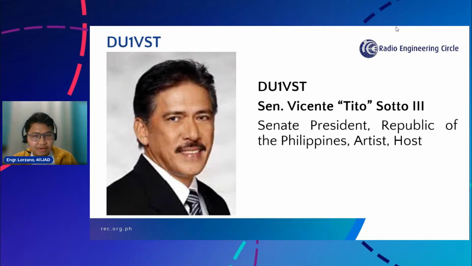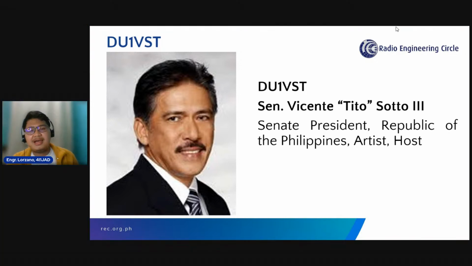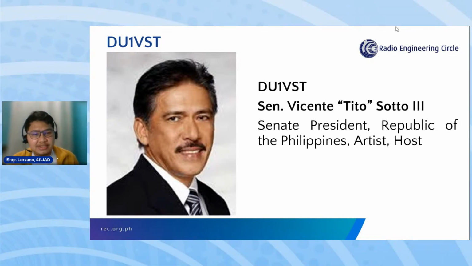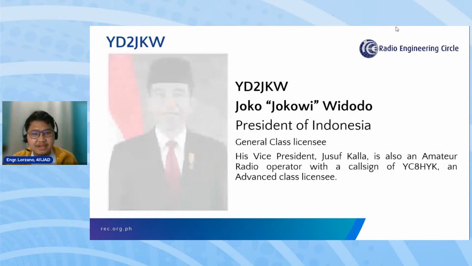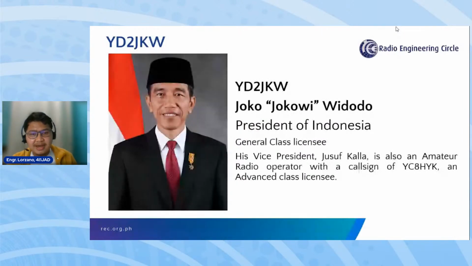And also the Senate President of the Republic of the Philippines, also an artist and a host, Senator Vicente Tito Sotto III, having the call sign Delta Uniform 1, Victor Sierra Tango, and the President of Indonesia, Yankee Delta 2, Juliet Kilo Whiskey, with the general class license.